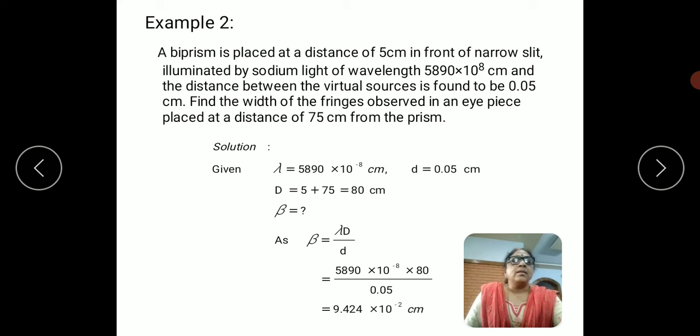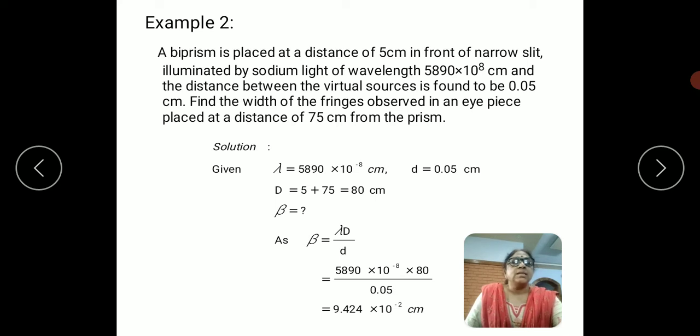And capital D is the sum of the distance between the biprism and the slit and the eyepiece distance of 75 centimeters.